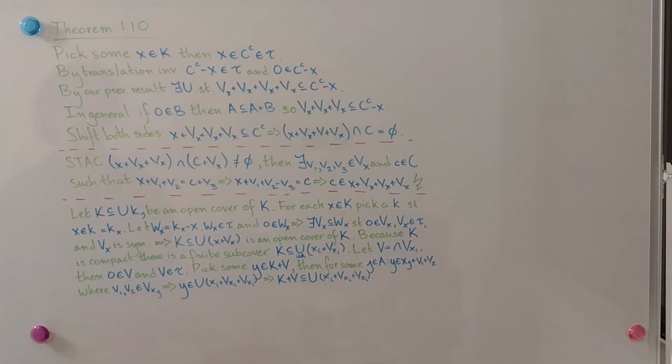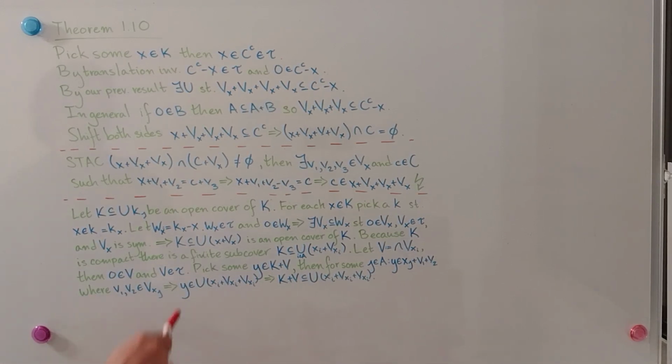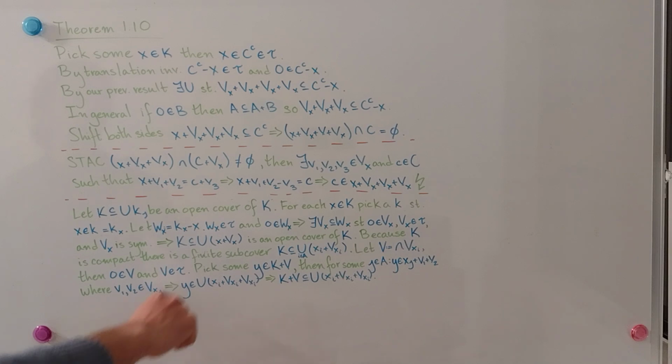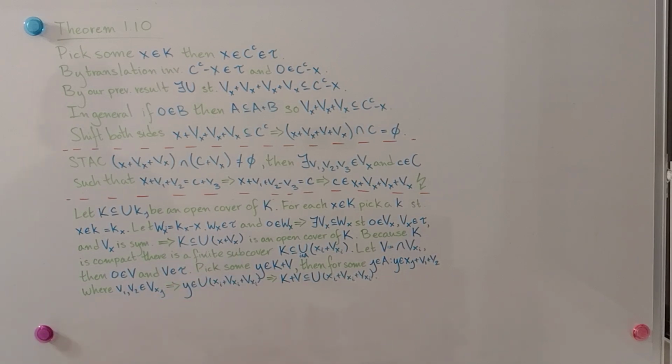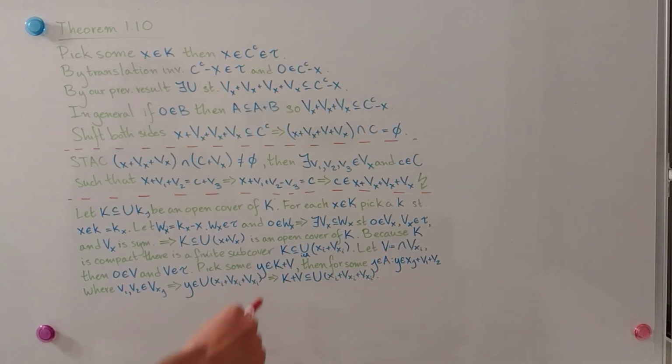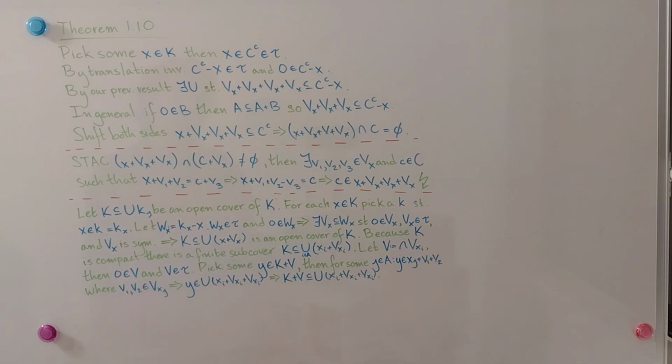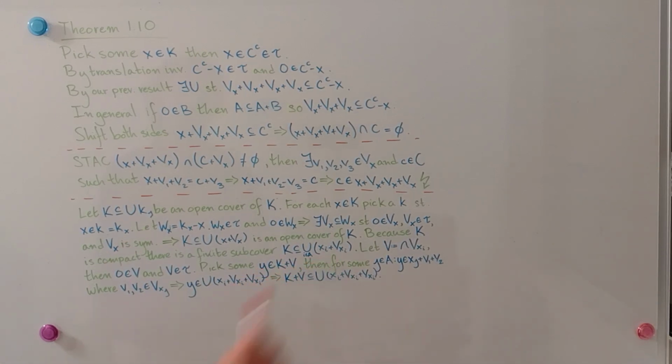So that's what we have over here. So then naturally y is inside of the union of all of these, right? And so it follows that because this was true for an arbitrary y, K plus V must be a subset of this union.